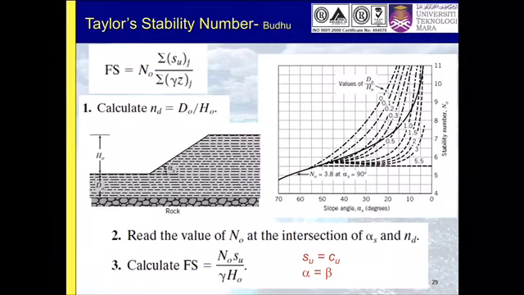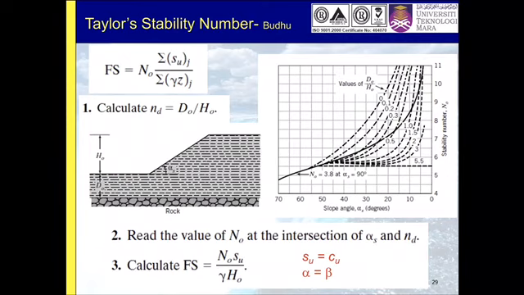Okay, lastly, this is also the Taylor stability number, but it is from the Muni Budhu book. Muni Budhu uses a slightly different figure to get the n value, because for this figure they use D naught and H naught. H naught is the height of the embankment, the slope.